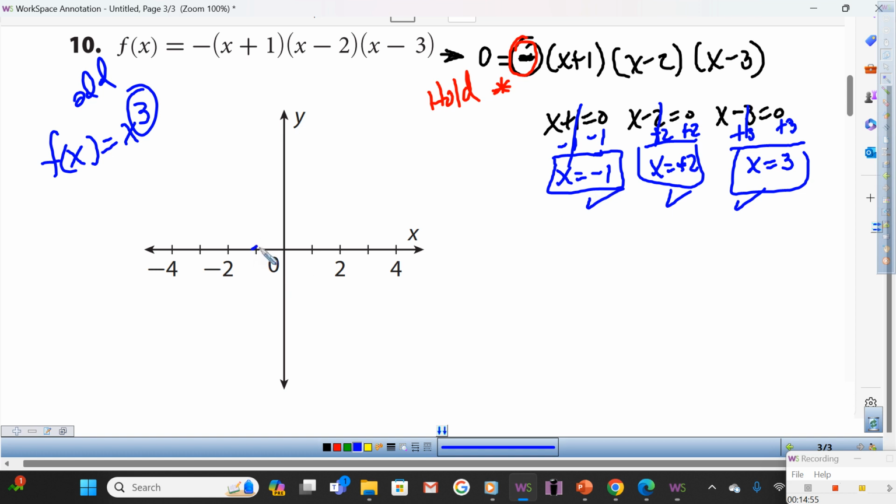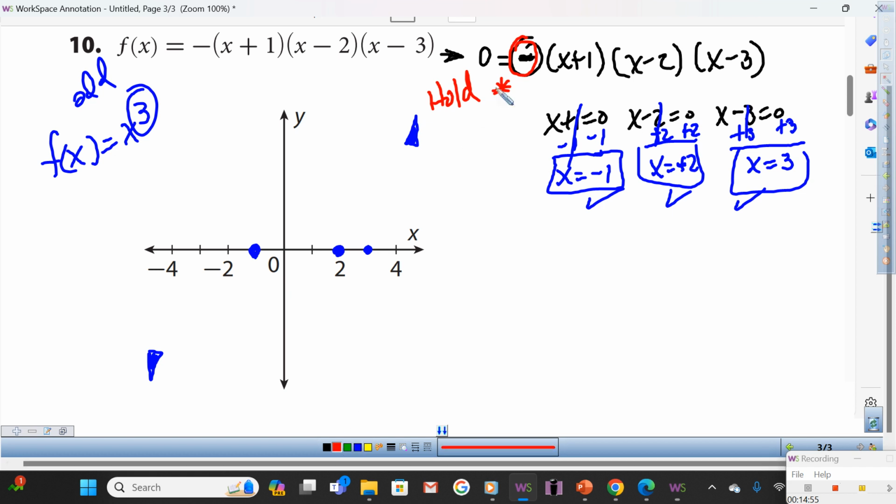So x-intercept negative 1, x-intercept positive 2, and x-intercept positive 3. So check this out. Look up. So according to what you saw, since this is an odd, we should start down here and end where? Up here. Is that correct?